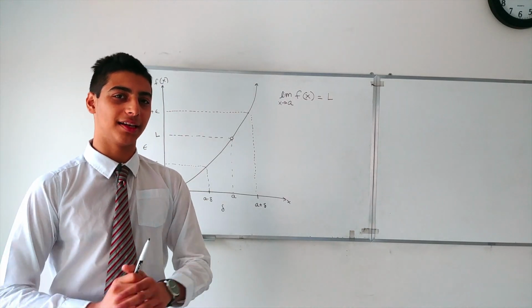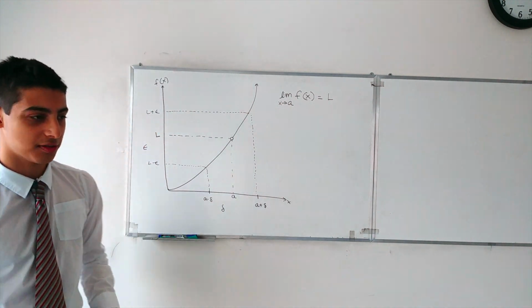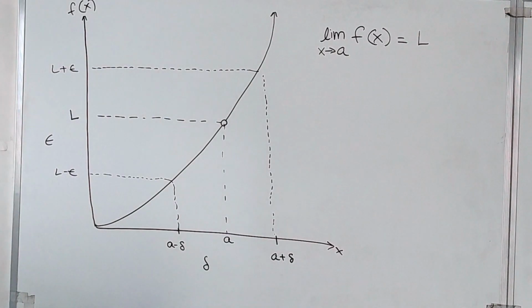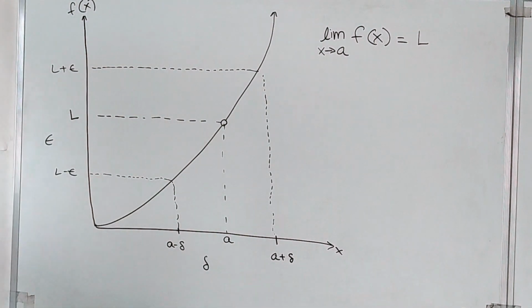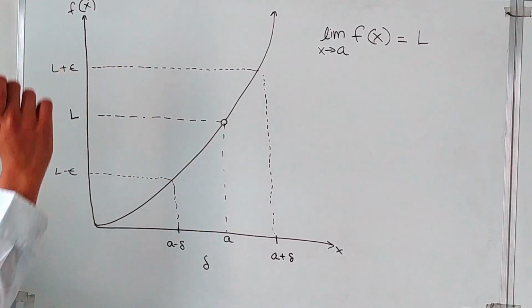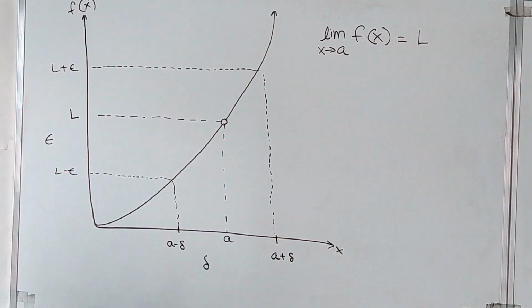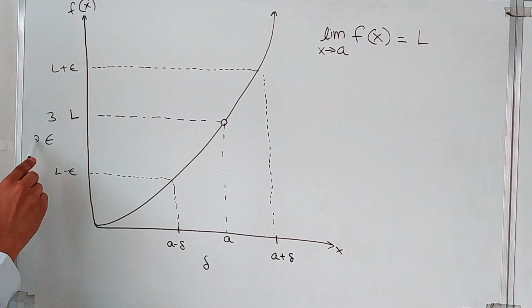Okay, that was a little bit confusing, so let me try and rephrase that in the best way possible. The aim of the game is to get as close to L as the first player dictates. The first player will be like 5 units close to L, and the second player will then calculate the value of delta such that that can be possible. So if, let's say, I give a value of epsilon like 2. Let's say L is, I don't know, 3, and epsilon is 2.